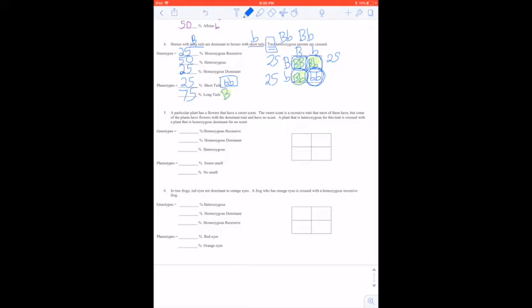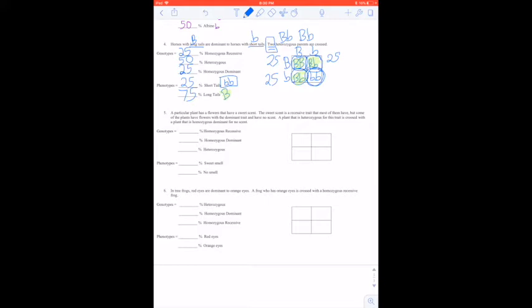All right, number 5, a particular plant has flowers that have a sweet scent. The sweet scent is a recessive trait that most of them have, but some of the plants have flowers with the dominant trait, which has no scent. A plant that is heterozygous for this trait is crossed with a plant that is homozygous dominant for no scent.